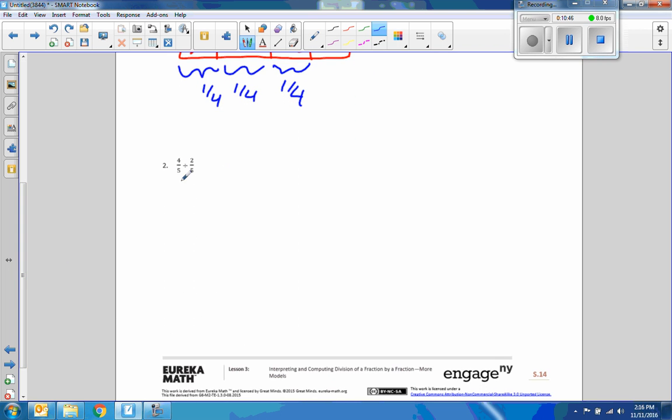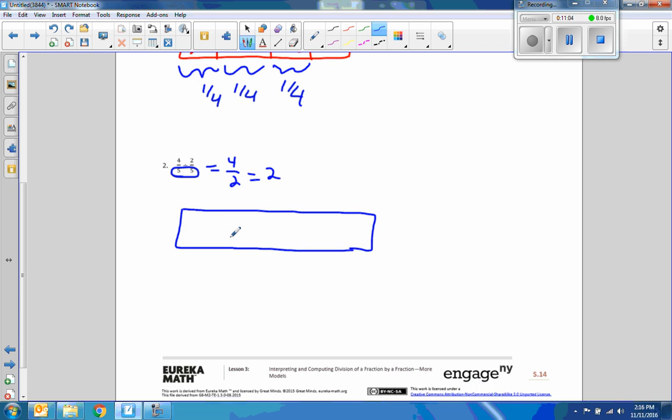Alright, again, here's our example. 4/5 divided by 2/5. Remember with the shortcut, if we have equal denominators, that's just numerators divided, which equals 2. So if we break this into fifths, 1/5, 2/5, 3/5, 4/5, 5/5. Shade 4/5 of them.